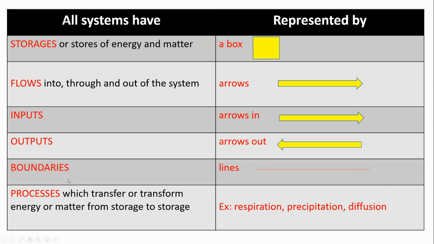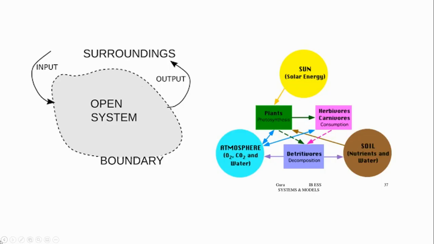And then there are different processes happening, and we can just write those words out. In an ecosystem, if you were drawing a system model like a forest, you might have plants or animals doing respiration. You might show that it's raining, so precipitation. For these things you would just write out the words.